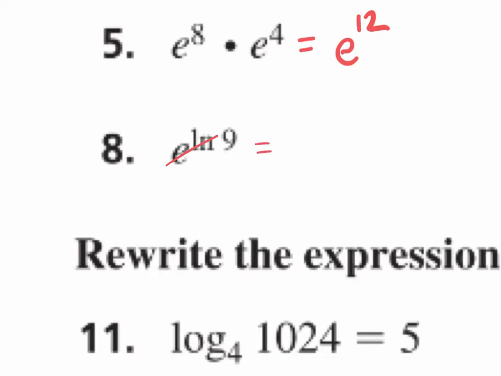So then what are we left with? 9. So just remember that ln is the same thing as log base e. So when you have e and log base e, since your bases are the same, they cancel. So this is important to know for your test tomorrow. ln is log base e.